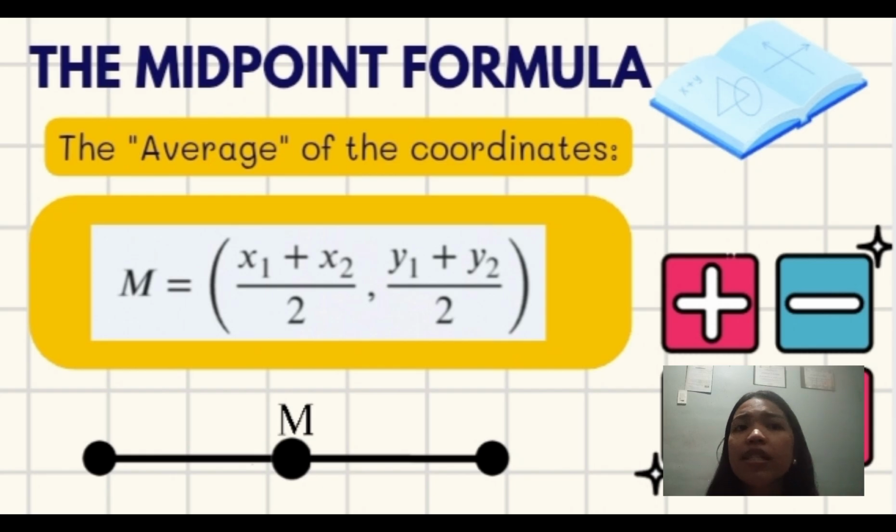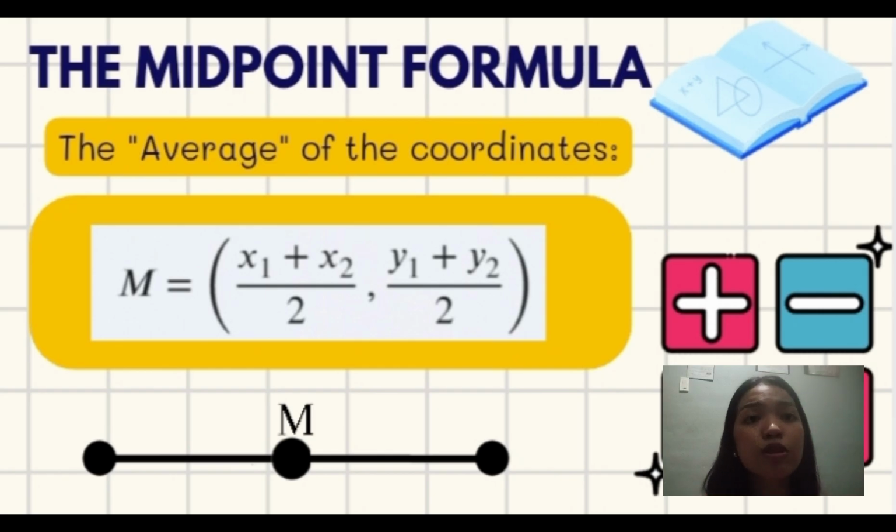Finding the midpoint is essentially finding the average of the coordinates. You average the x values together and you average the y values together. So mathematically, the formula is written as a new coordinate pair.